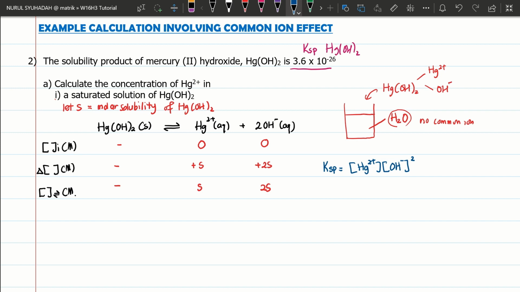So, value KSP dah diberikan tadi, 3.6 darab 10 negatif 26. Okay, so Hg2+ S dan OH- 2S squared. So, from here, selesaikan. So, 10 negatif 26 sama dengan 4S cube. So, you get the value of S sebagai 2.08 darab 10 negatif 9.